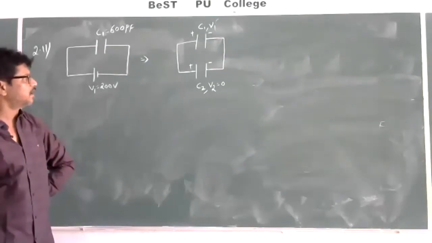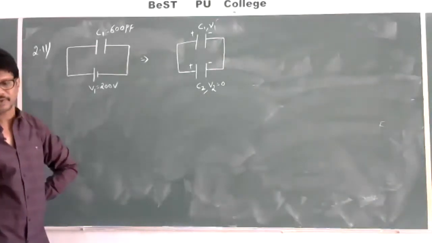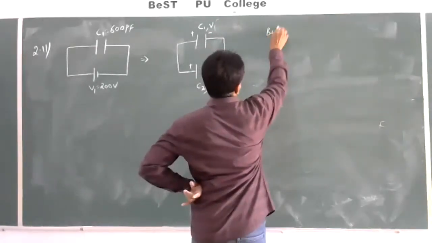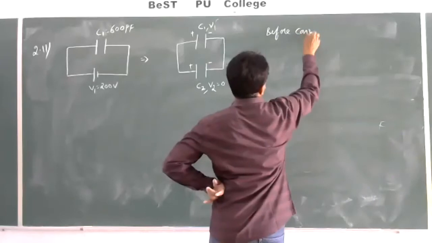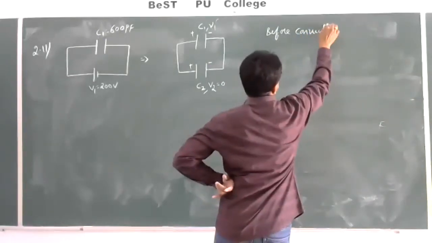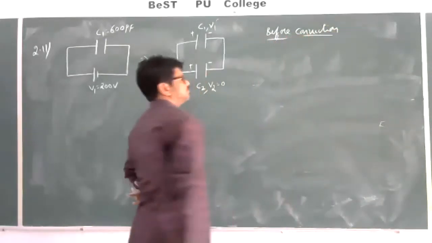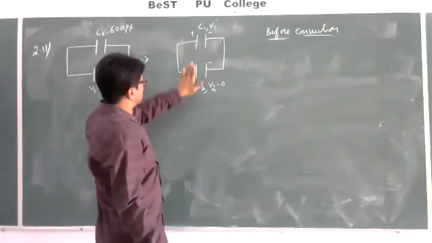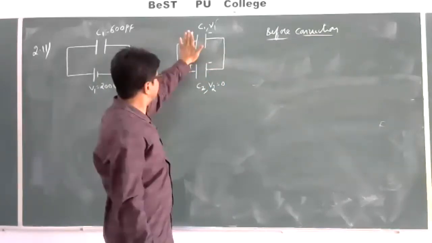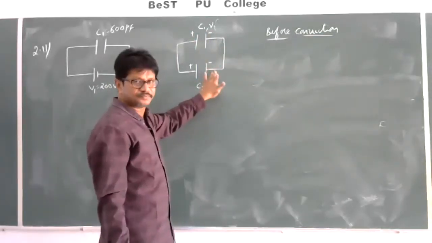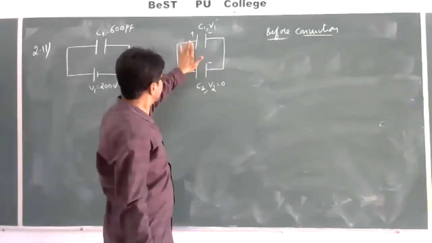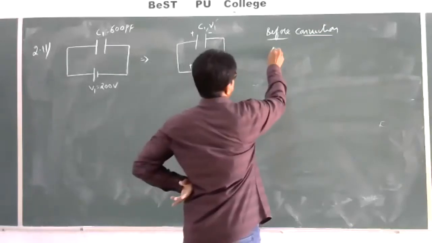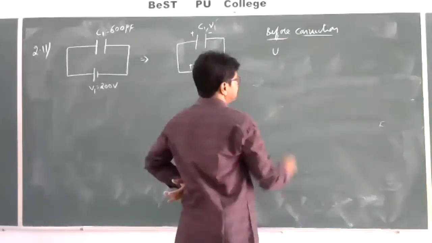What is the energy lost in this process? Before connection, if these two are not connected, then what is the energy stored here?